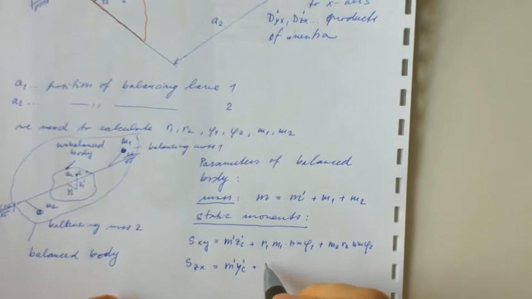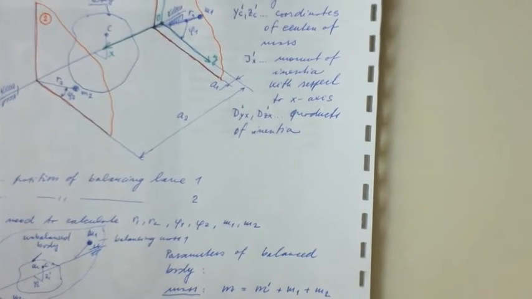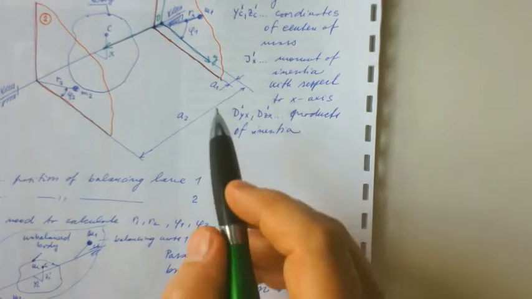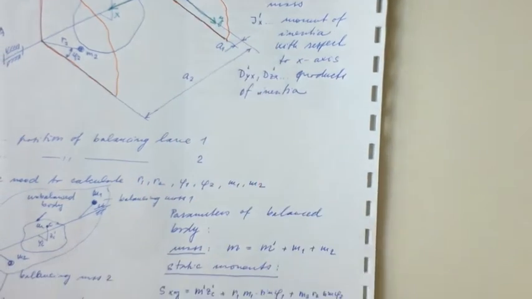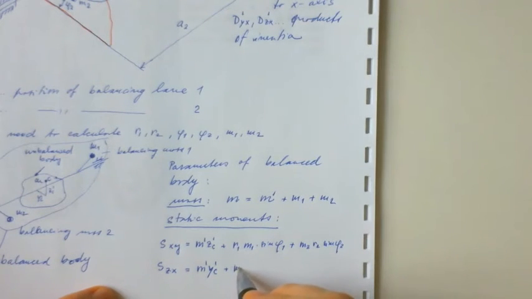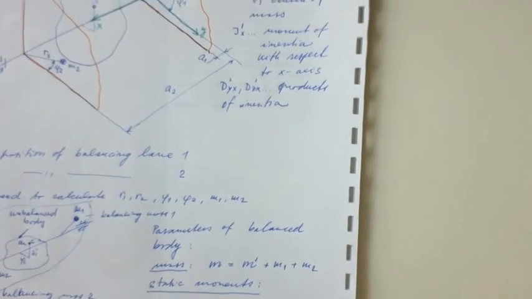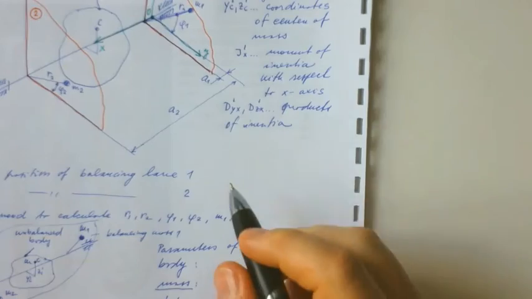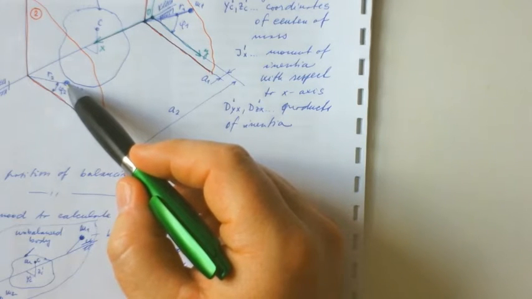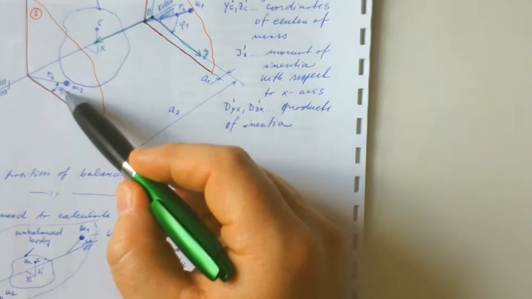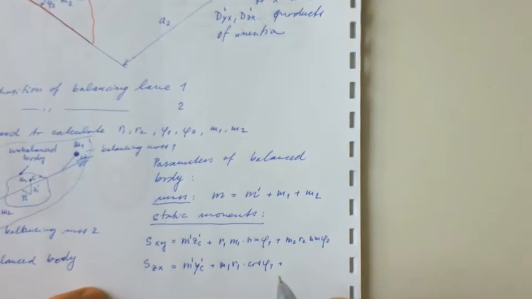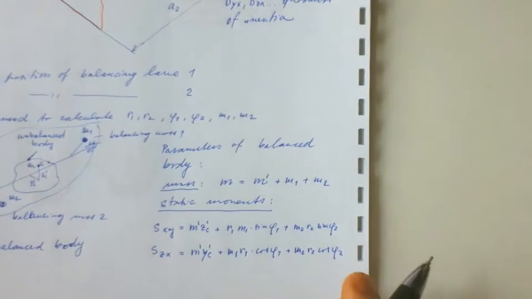The y coordinate of m1 is r1 cosine phi1, and the y coordinate of m2 is r2 cosine phi2.